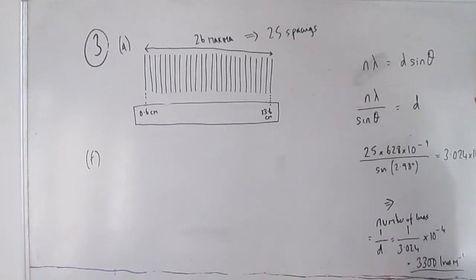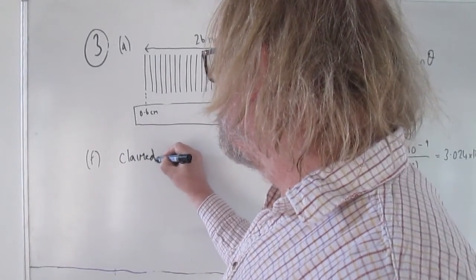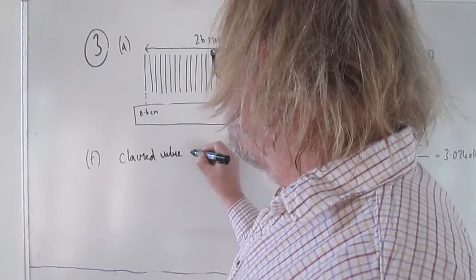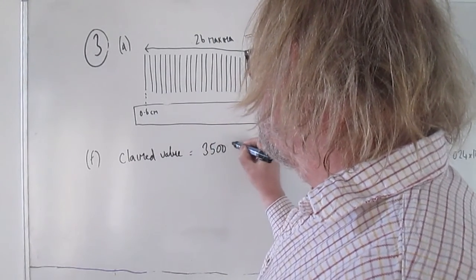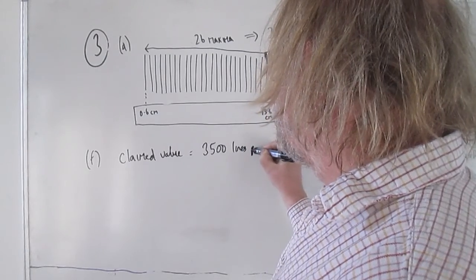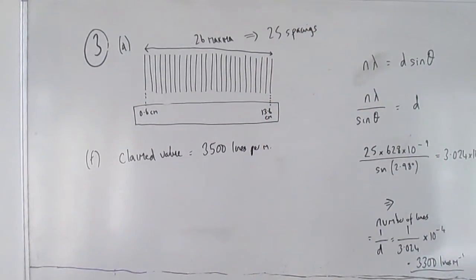So then in part F, it wants to know whether the value that was claimed for the number of lines, which was 3,500 lines per metre, is consistent with the experiment.